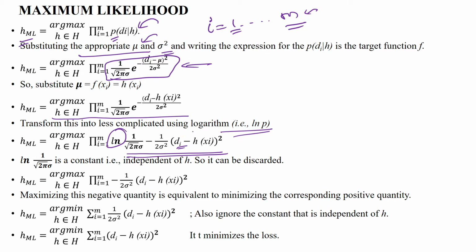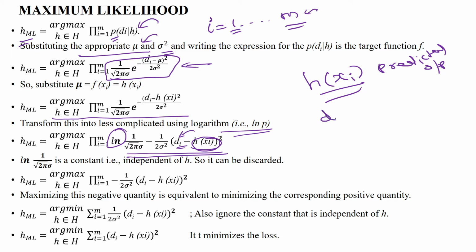This is the actual output, and h of xi is the predicted output by our model. Di is the actual output label given in the data set.